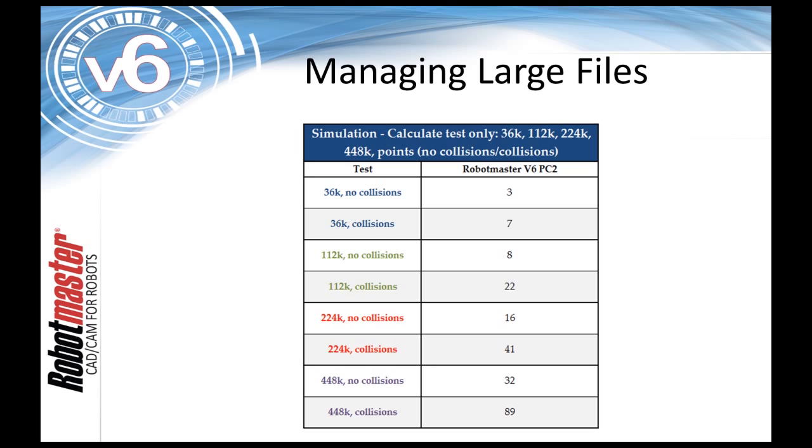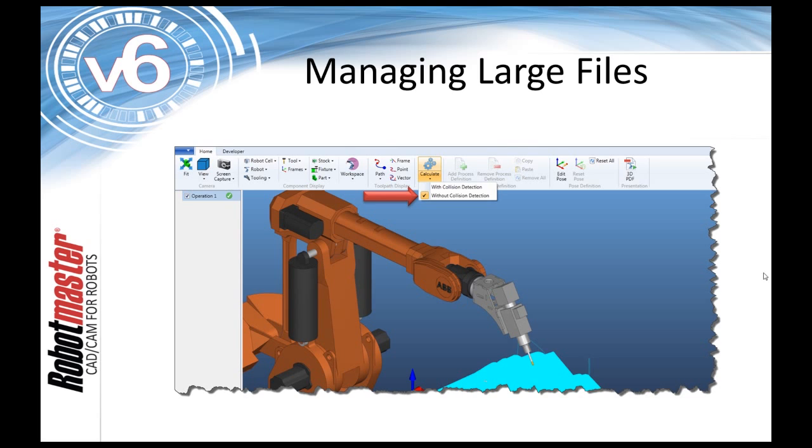But as the point numbers start getting higher and higher, like for a 448K file, no collisions takes 32 seconds, and with collisions takes 89 seconds. Therefore, imagine loading up a 500,000 point file with collisions will take you about 1.5 minutes. Therefore, it may be wise to check without collision detection by default and only use collisions if necessary.